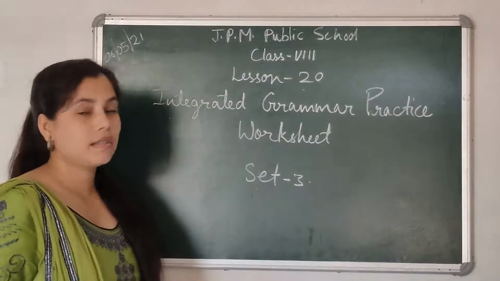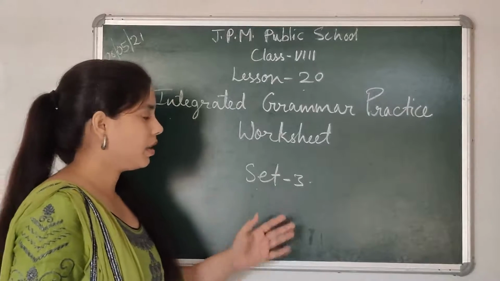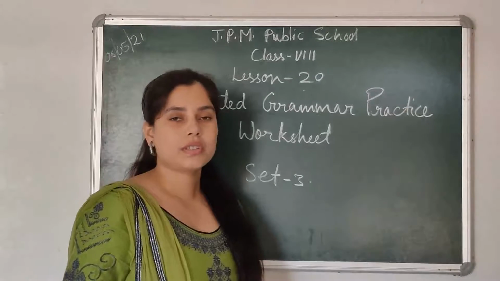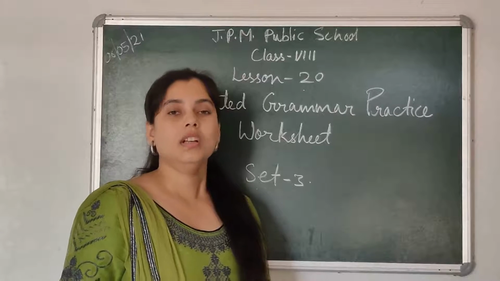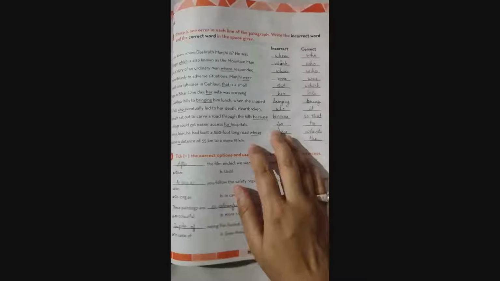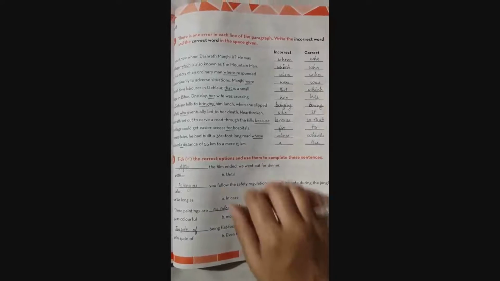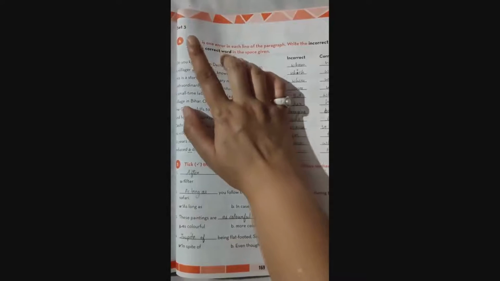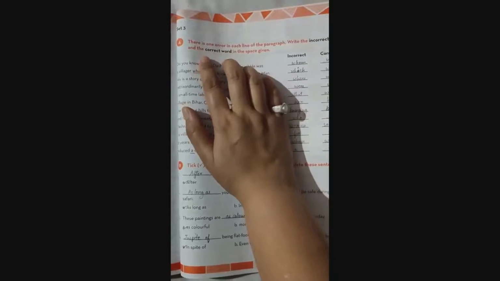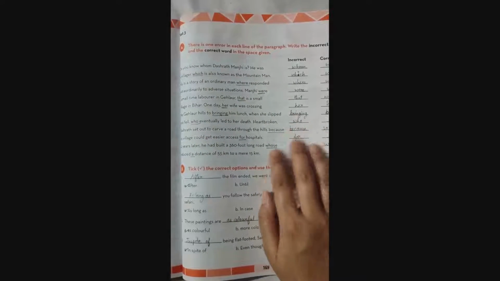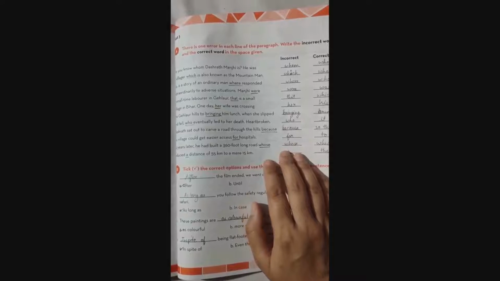In this video also, we are going to do set 3, and we will follow the steps which we learned throughout the grammar in different topics. Dear students, open your books on page number 169. Now we are going to start with the solution of set 3, and during this video we will also understand why we are doing such changes.